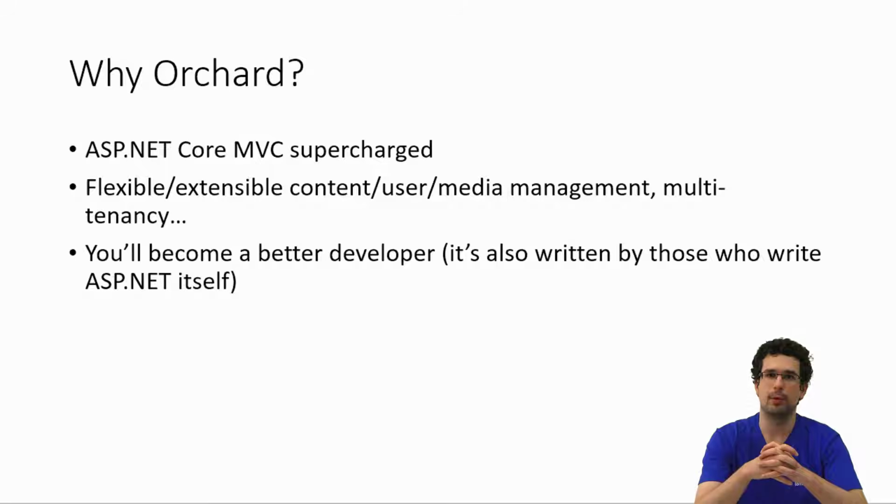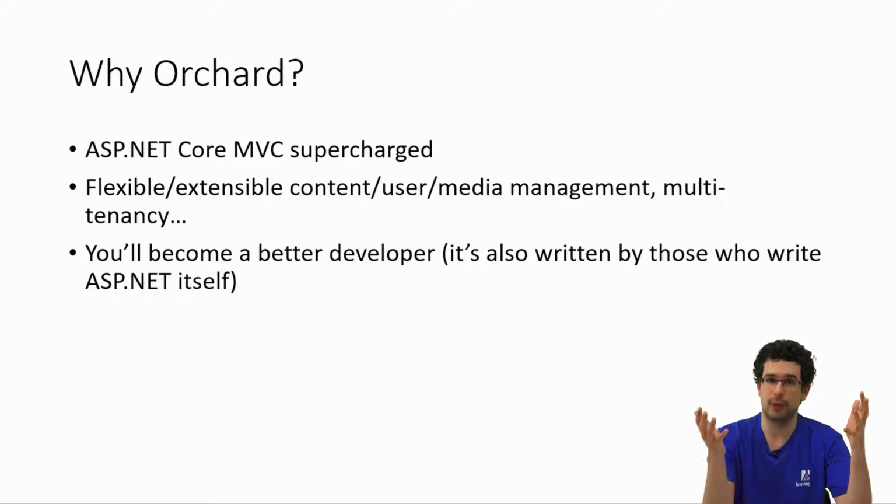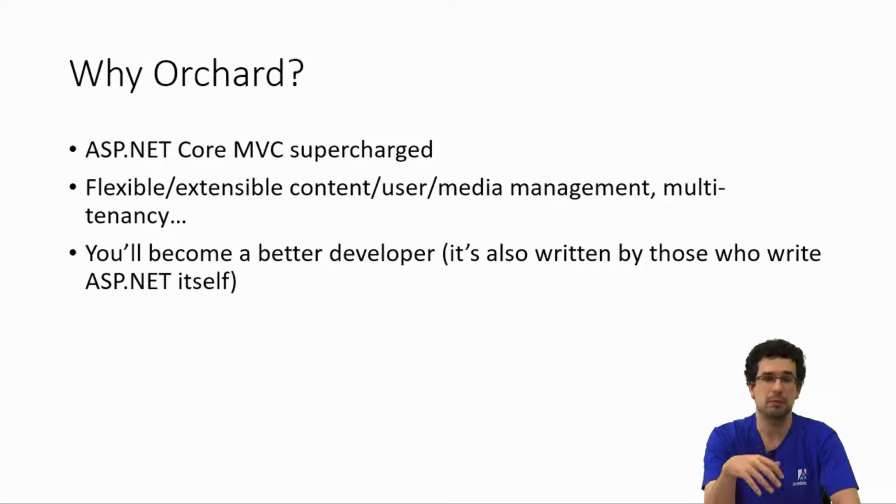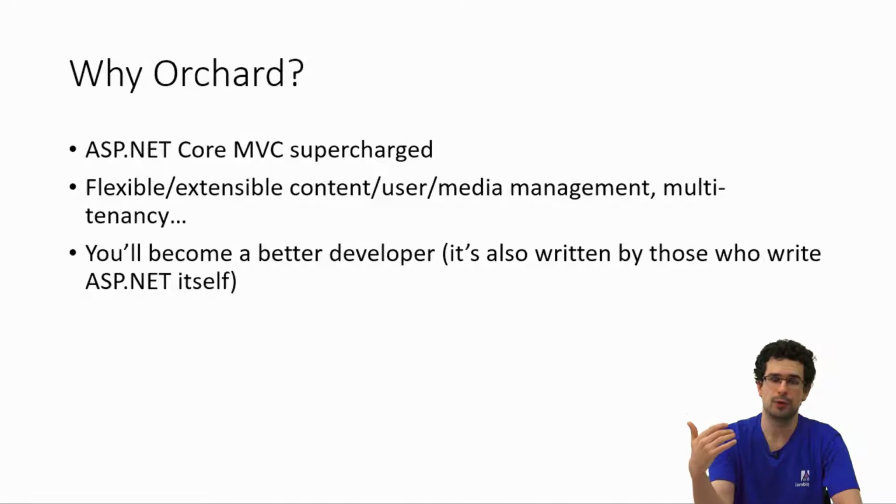So, for example, if you see a NuGet package or some kind of extension that works with ASP.NET Core, usually it will work in an Orchard-based application as well. Because how you create an Orchard application is that you create an ASP.NET Core web application and then you add Orchard to it in the form of NuGet packages, of course. You can also select what you use from Orchard.